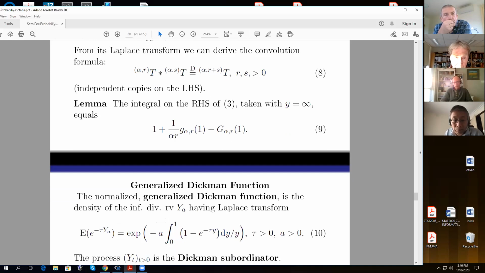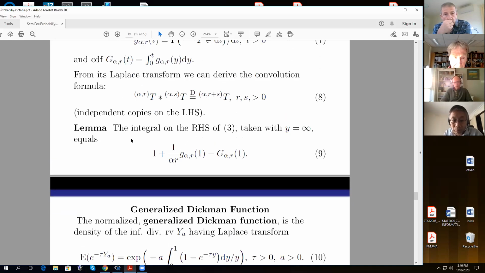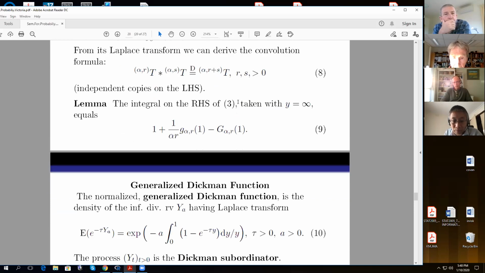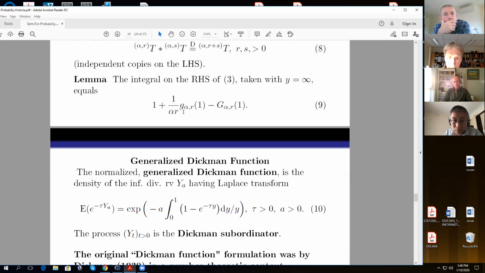Quite nice. And then if you go back to number 3, which you remember is our solution, you can write it in this form. Where does that come from?